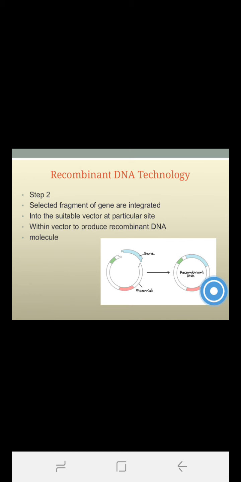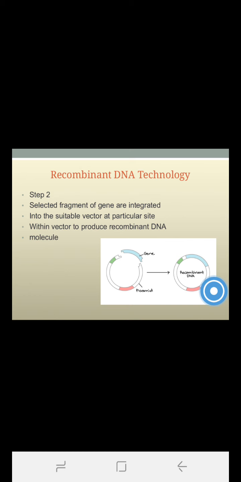For the cleavage of the vector, again we perform enzymatic cleavage with the help of the enzyme restriction endonuclease. It will cleave that circular DNA molecule, that is, the vector, at a particular location, and it allows the integration of the DNA fragment or gene into the vector, as shown in the diagram. In this way, we perform the integration of the desired gene fragment into the vector.